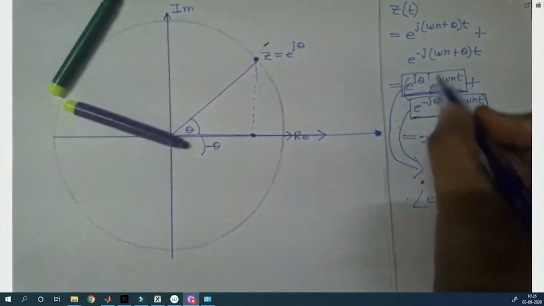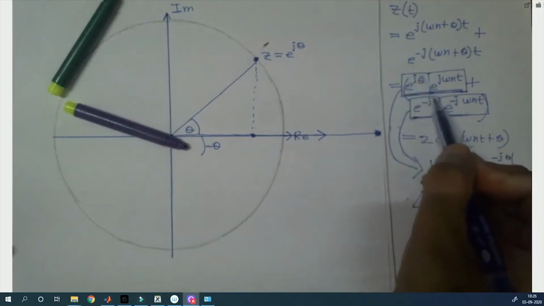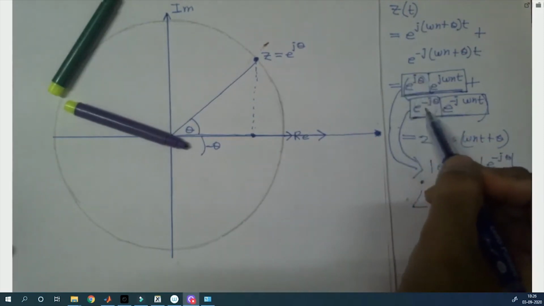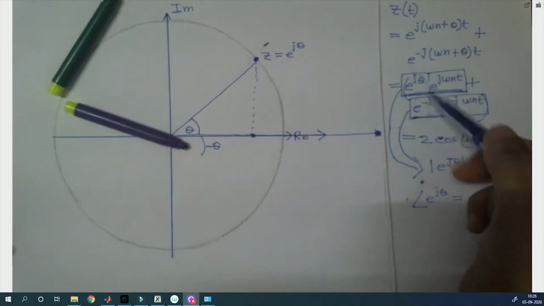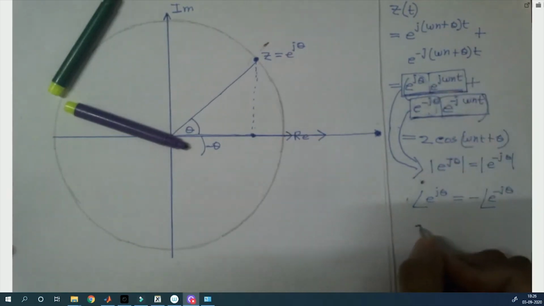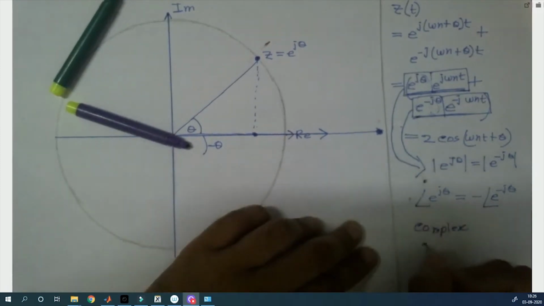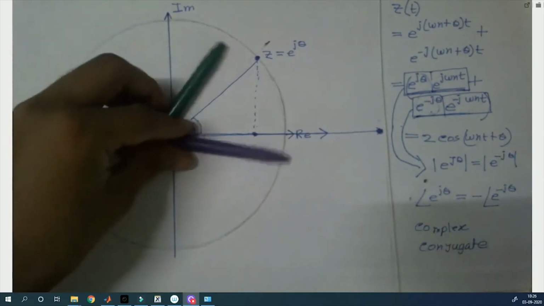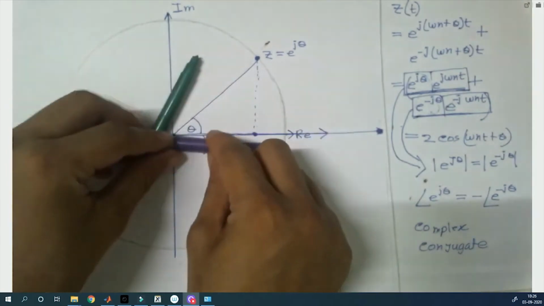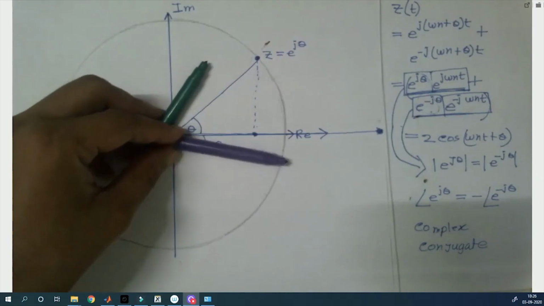In other words, I can say that these two coefficients should be complex conjugate of each other. Complex conjugate. If they were not complex conjugate, then their sum will not be real at all times.